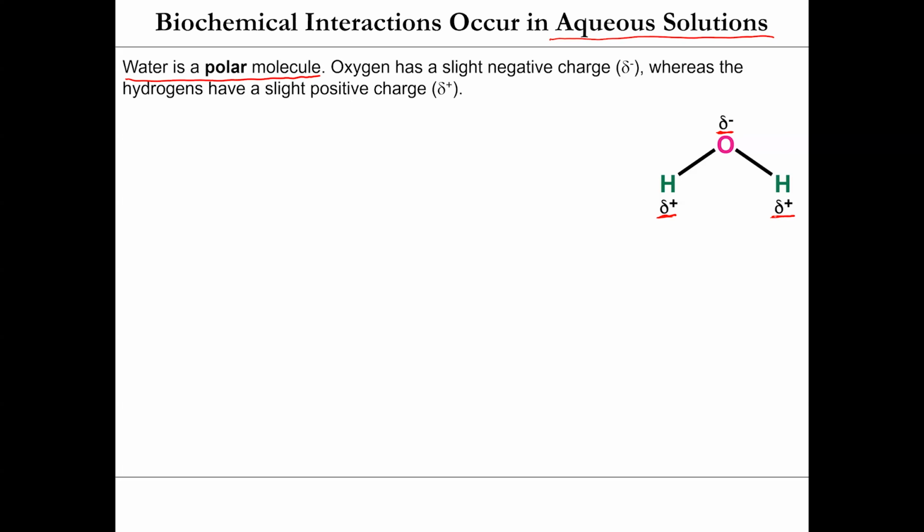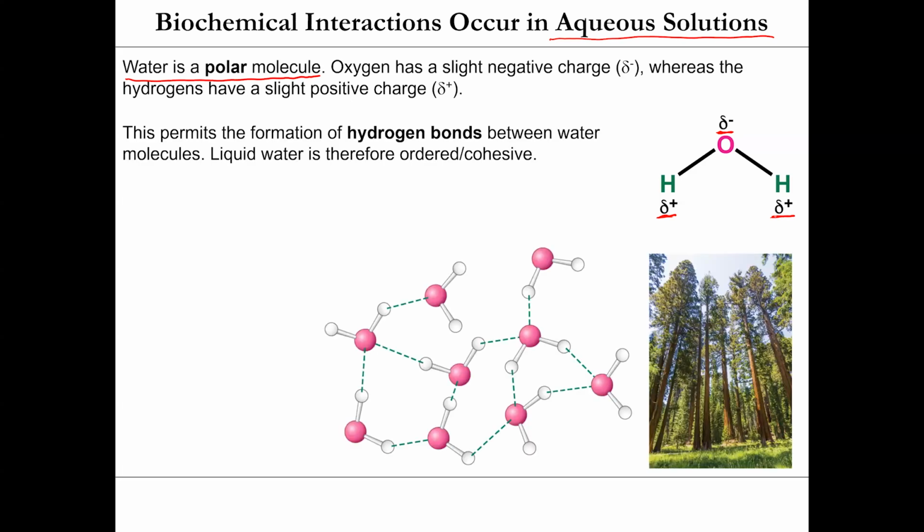So this polar aspect of water permits it to form hydrogen bonds between this water molecule and other water molecules. This is demonstrated here, where the slight negative charge on an oxygen atom is going to form a hydrogen bond with the slight positive charge on a hydrogen atom of a different water molecule.